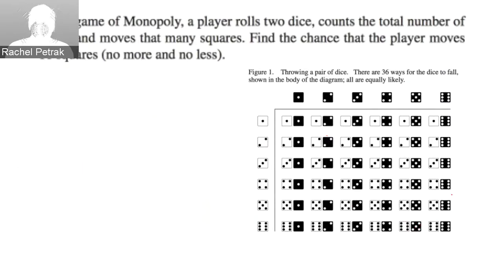So there are only 2 out of 36 total possible outcomes when you're rolling 2 dice. So there's a 2 out of 36 chance of getting 11 squares. Note that there's no other ways to get 11 from these two dice.